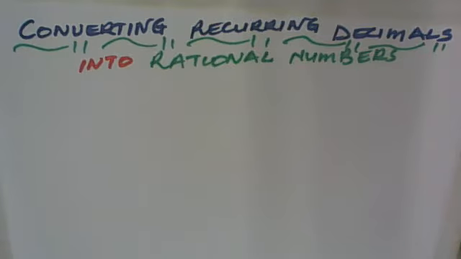What is a recurring? Now, a recurring decimal is a decimal fraction where a digit repeats itself up to infinity. Sometimes there is only one digit repeating itself.